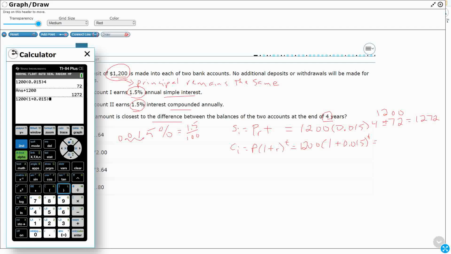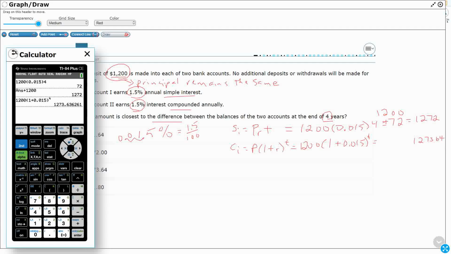That's fine. And then we're going to take that to the 4th power because it's for 4 years. Now, what this does is this actually gives us the amount. This is not just the interest. This is the amount. So that's going to get us 1273.64.